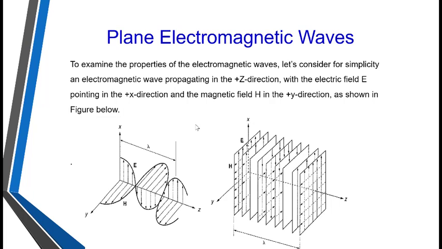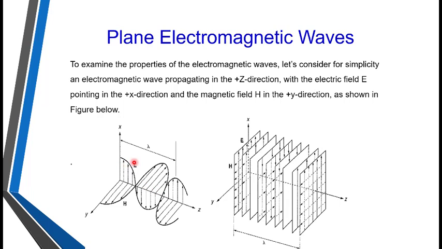Before going to the solution of wave equations, let us examine what we mean by plane electromagnetic waves. So consider, for simplicity, that an electromagnetic wave is propagating in the positive z direction, with the electric field pointing towards the positive x direction, and the magnetic field pointing towards the positive y direction. So after every cycle this is repeated.